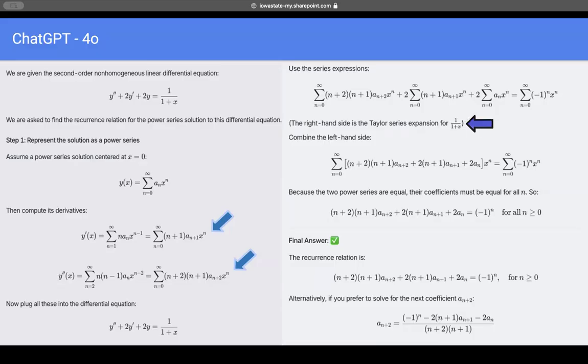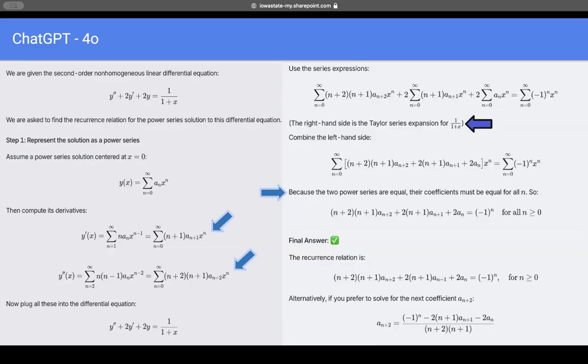Then if we go over here, it recognizes that 1 over 1 plus x can be written as a Taylor series so that we can have everything be a bunch of series. Then it says we set these two equal to each other and we can move everything over to one side.